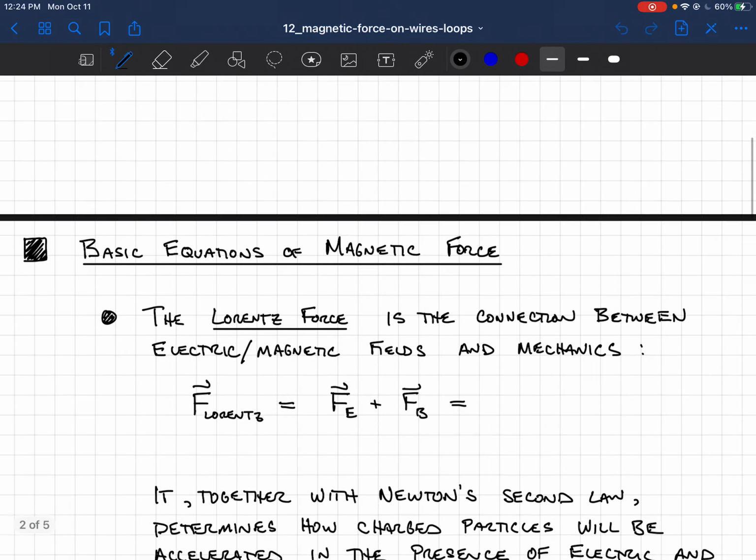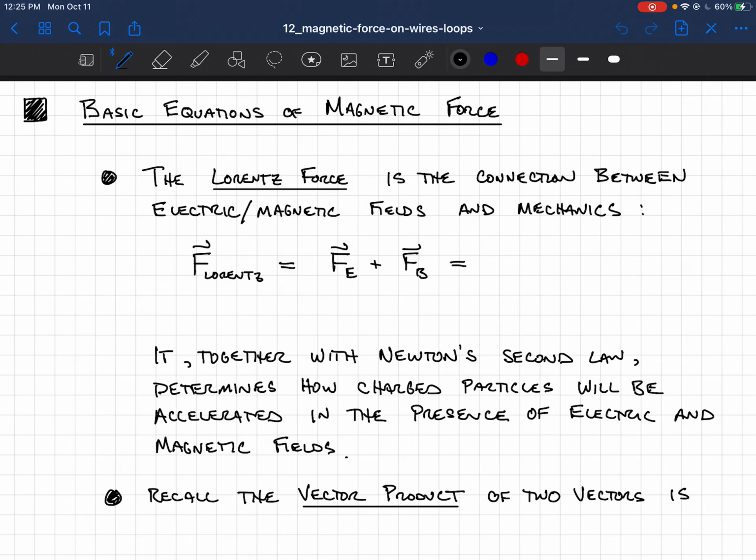So we start with just a quick review of the things that we talked about last time. I just want to remind you that there's something called the Lorentz force. Electricity and magnetism is governed by Maxwell's equations, which tell you how the electric and magnetic fields interact. We've talked about that a little bit in this course, and eventually once we write down all of the different effects of electric and magnetic fields, we'll join them together in Maxwell's equations.